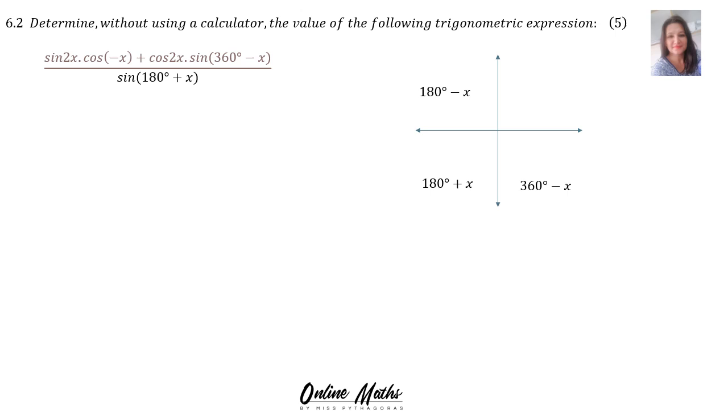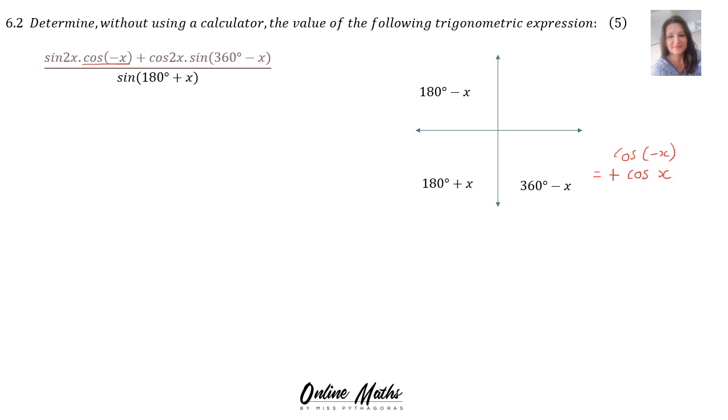6.2, determine without using a calculator the value of the following trig expression. Right, we start with sin 2x, and then there's a cos of minus x. So cos of minus x is a negative angle, and I'll do it here for you. You say the cos of a negative angle is equal to positive the cos of the positive angle.